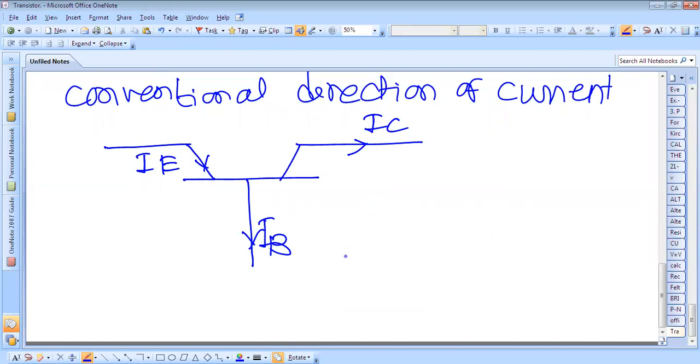By making the thickness of the base very small, more current can flow toward the collector. Suppose the emitter current is 1 milliampere, then a very small current will flow through the base and more current will flow through the collector.